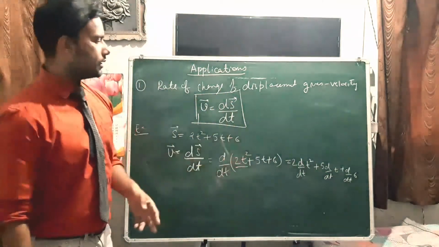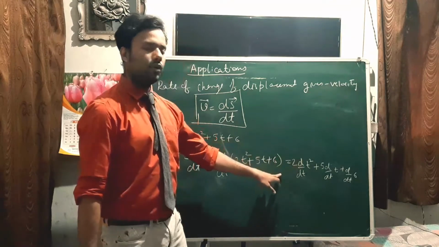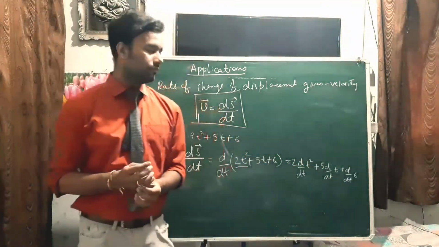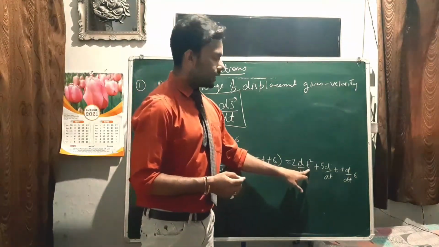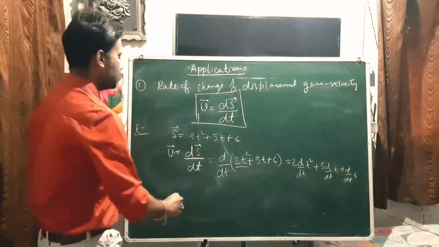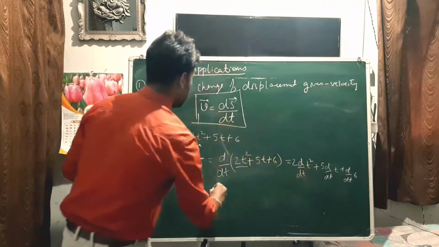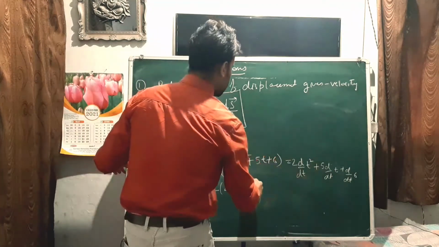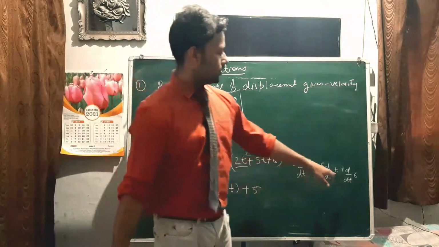I have just opened this, and you can see I put the constants aside because 2 and 5 are in multiplication with the variables, right? Now it is x to the power n. What is the formula? n x to the power n minus 1. So it will be 2 into 2t plus 5, because t will become 1.